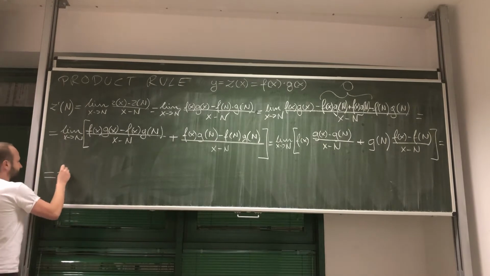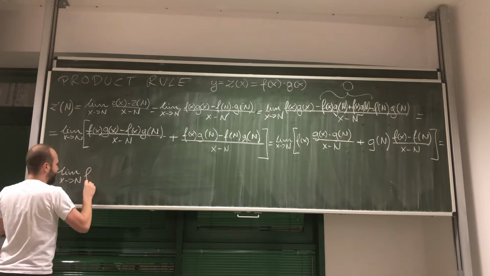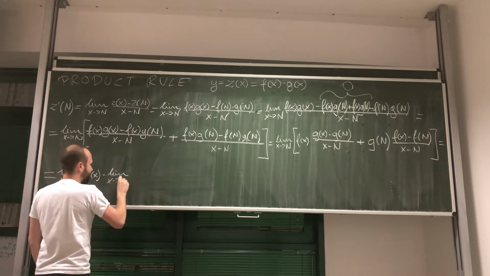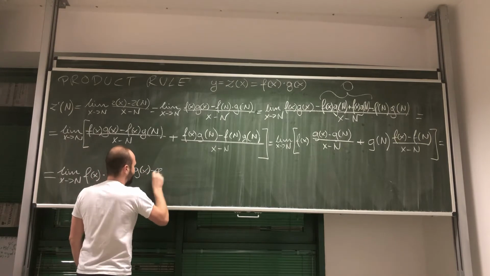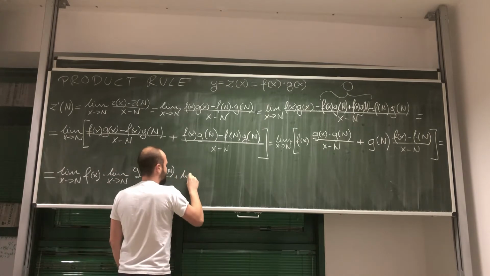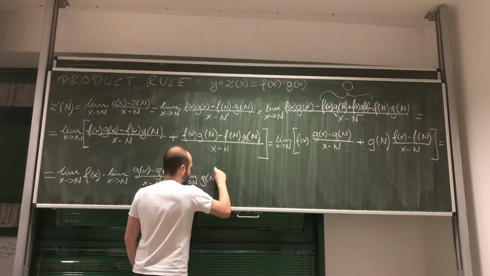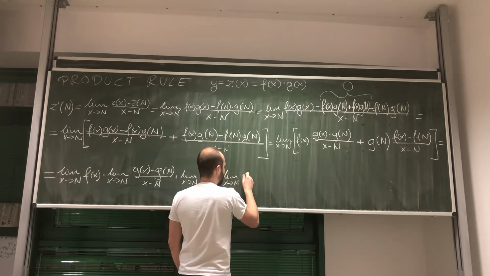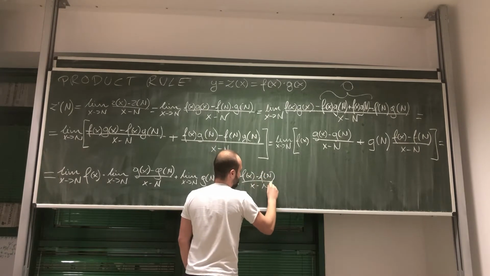I will get that this is the limit with x approaching n of f of x times the limit with x approaching n of g of x minus g of n over x minus n, plus the limit with x approaching n of g of n times the limit with x approaching n of f of x minus f of n over x minus n.